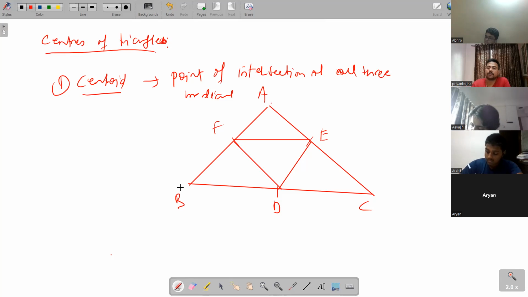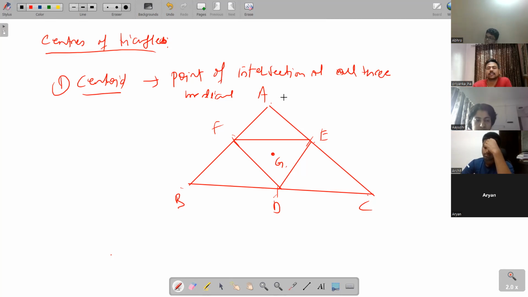So the centroid of ABC and the centroid of DEF both will be the same. I'll prove this, don't worry, but you have to remember these results. Okay, noted now? Now I'll prove this.